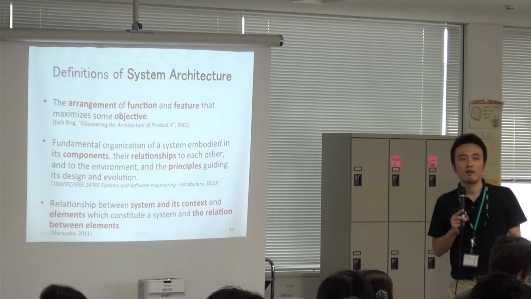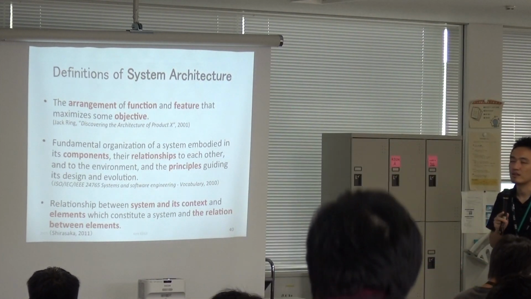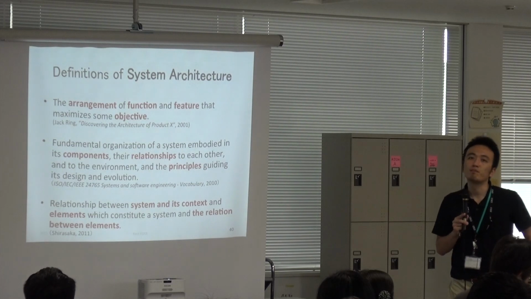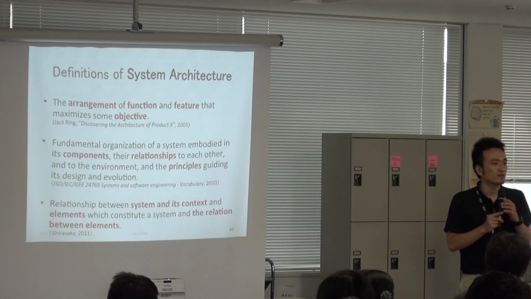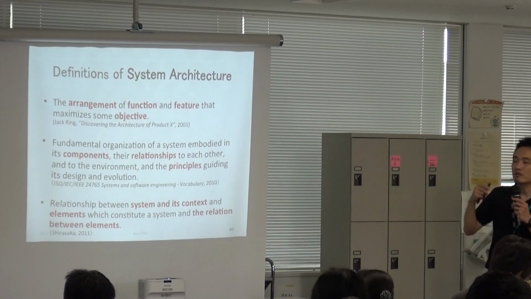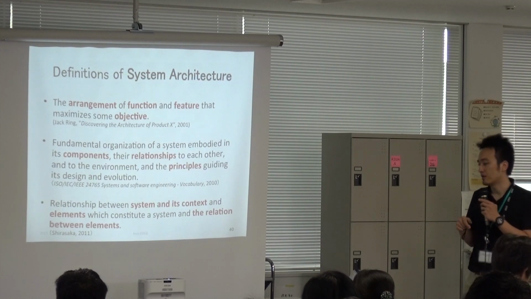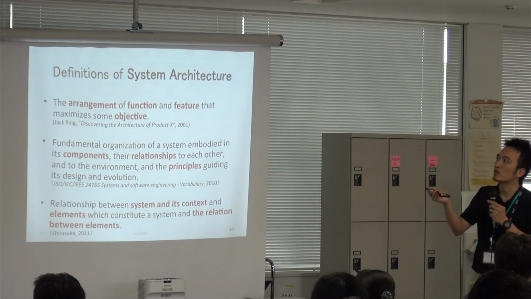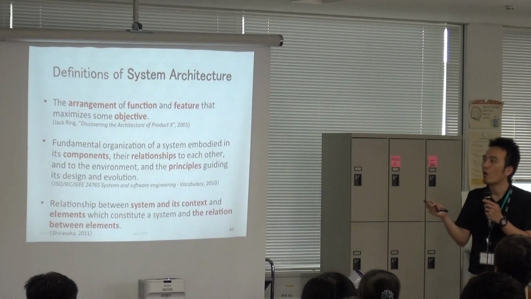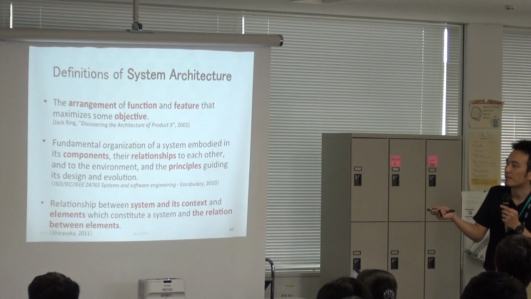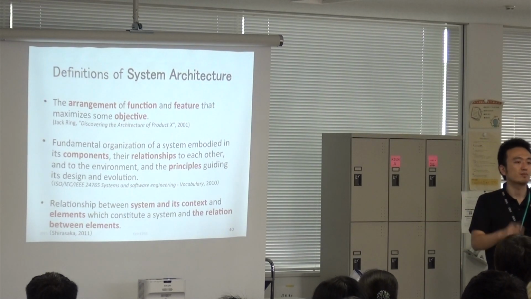It just talks about functions and maybe features and objectives and components and relationships. I've been using these terms over and over since this morning. But the architecture is about how you arrange them. So let's stick to the arrangement of function and feature that maximize some objective, or system and its context and elements and its relationship. Keep that in your brain.